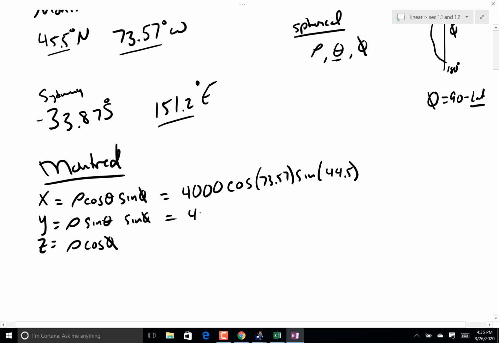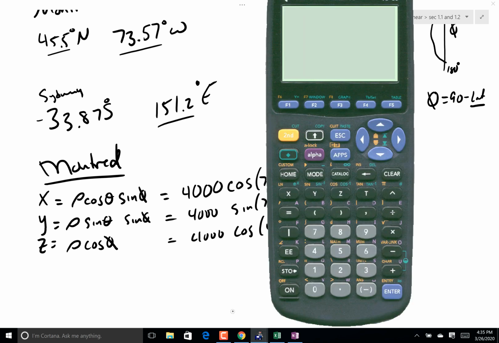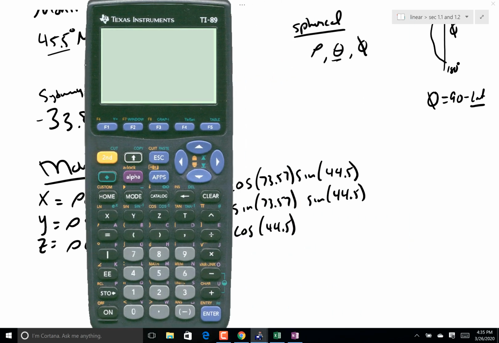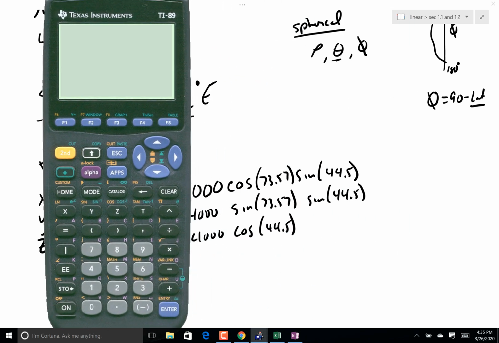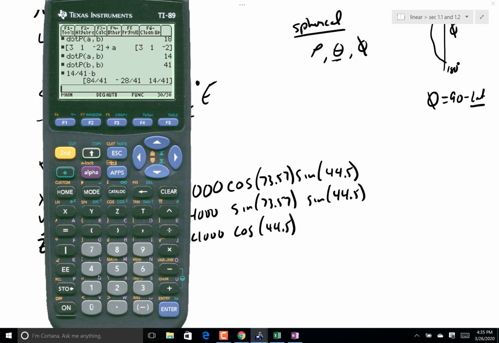And then this one is 4,000 sine, and 4,000 cosine 44.5. I'm going to do this on a calculator here. I'm doing it for a reason. It's going to be a very good use for the dot product.